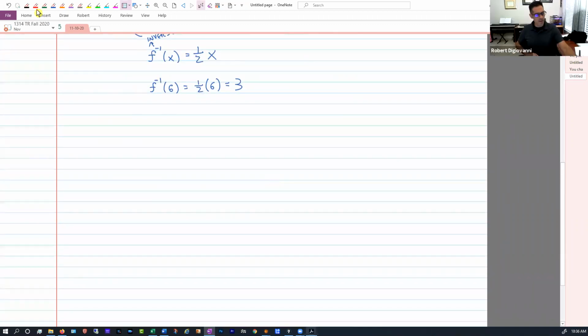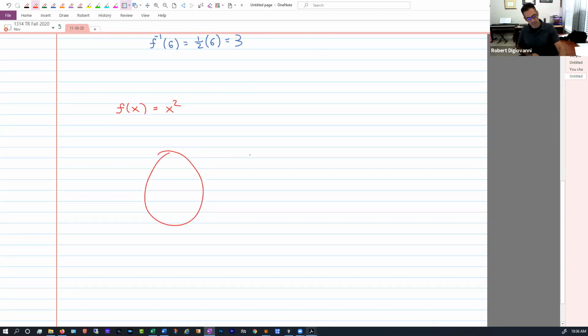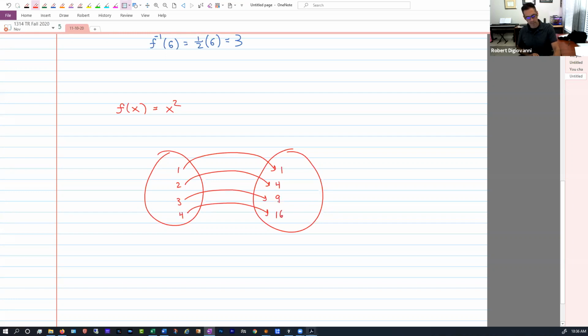So what about this function here? Try this one. x squared. Think about what that does. Takes number 1, sends it over to 1 squared, which is 1. Takes number 2, squares it, 2 squared is 4. Takes number 3, 3 squared is 9. Takes number 4, 4 squared is 16.